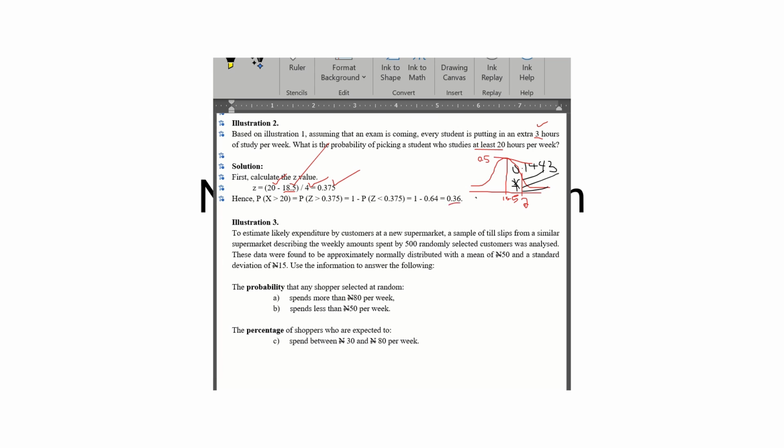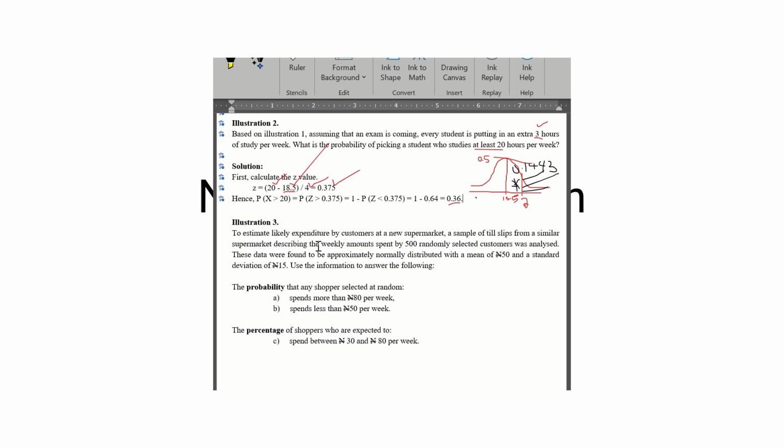Another question here is to estimate likely expenditure by customers at a new supermarket. A sample of till slips from a similar supermarket describing the weekly amount spent by 500 randomly selected customers was analyzed. These data were found to be approximately normally distributed with a mean of 50 naira and a standard deviation of 15 naira.